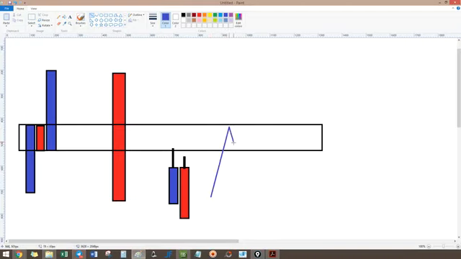Like this, like this, and like this. When you change to candlestick, you have one shadow touching like that. So this is what you see on the chart. Your stop loss is actually above the zone.